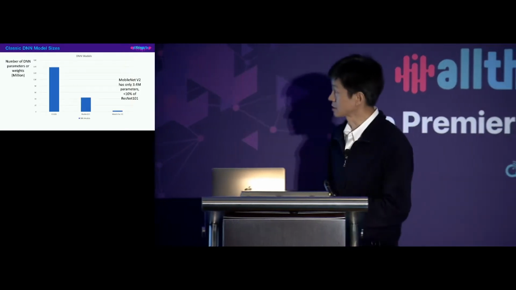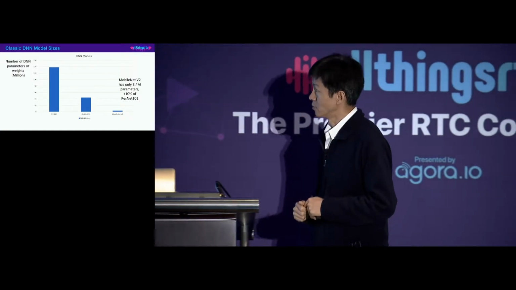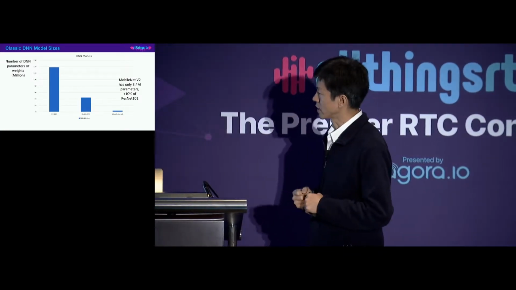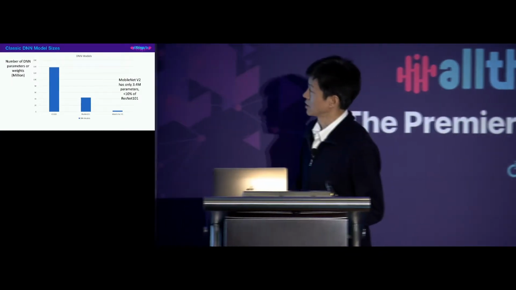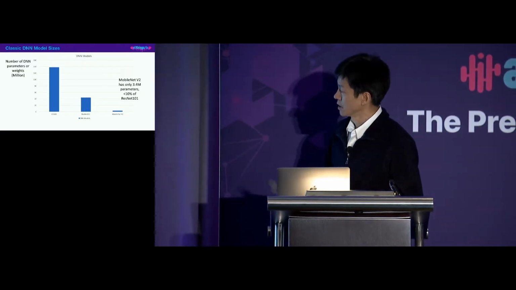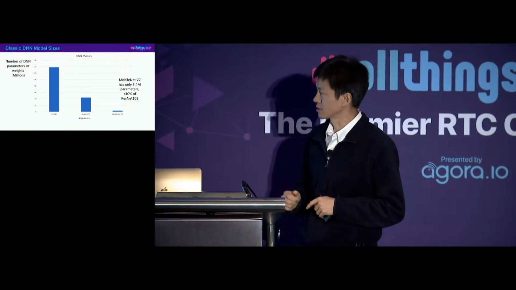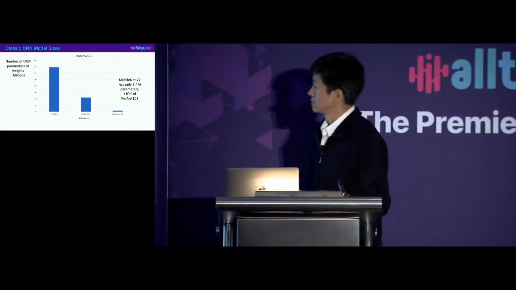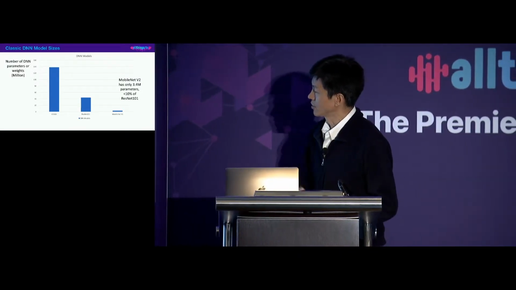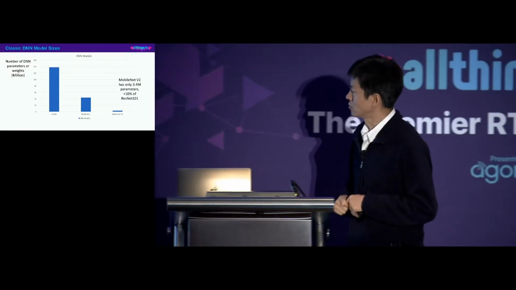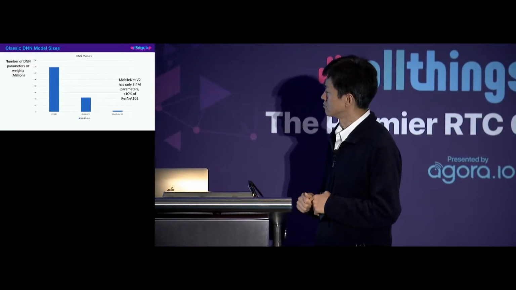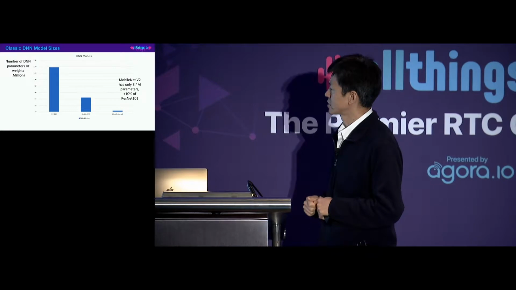Now first, let's take a look at the model size, the way we try to achieve a smaller model. Here are a few classic deep neural network models. VGG16, ResNet 101 and Google's MobileNet version 2.